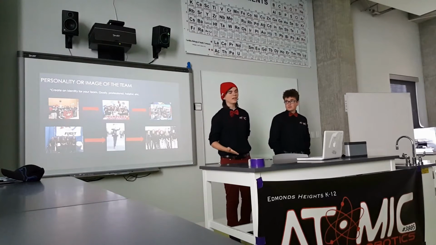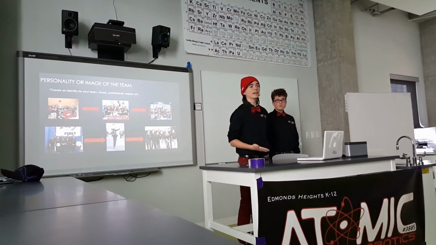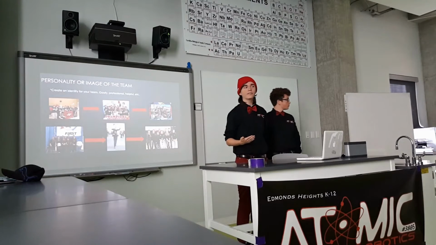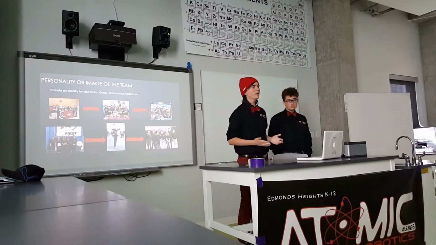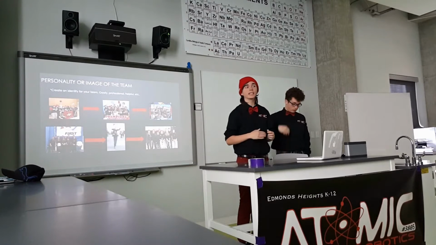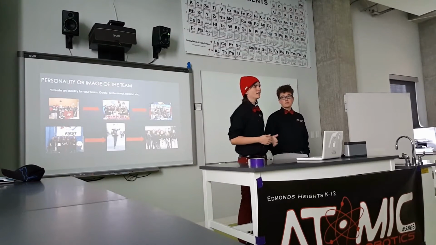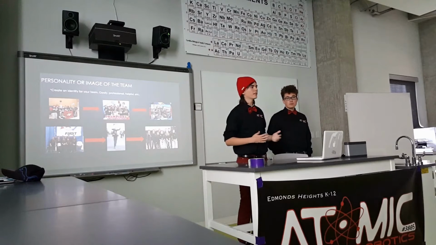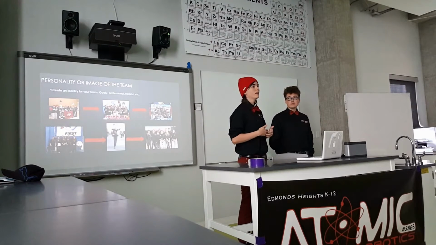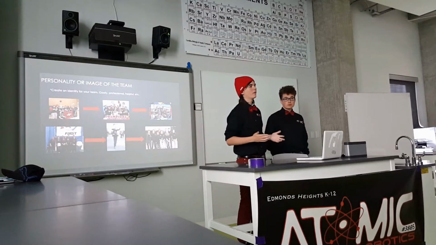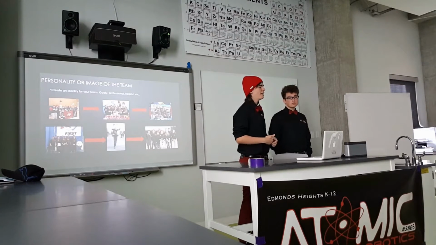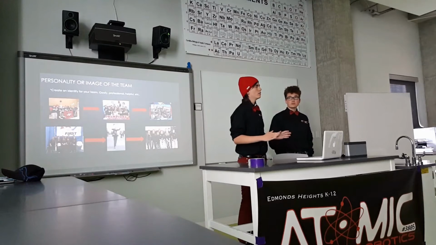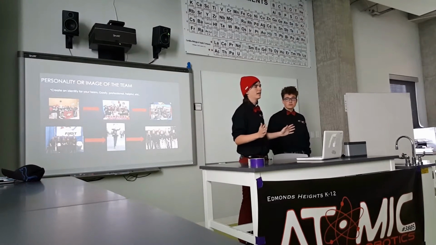Another piece on that is when designing your logo and advertisements, and your team identity and name as a whole, you always want to look at your team's members and form your graphics and identity around that. In our earlier years of Atomic Robotics, it wouldn't fit with the personality our team had of being more recreational and easygoing, to have a really sleek, low contrast logo.